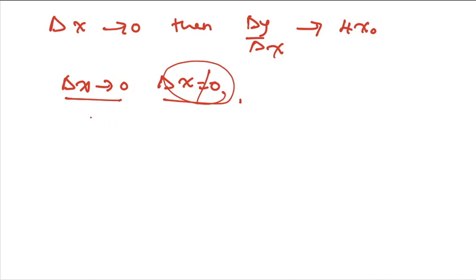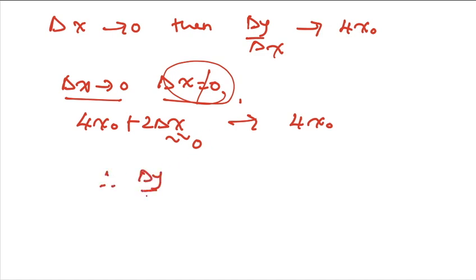Then the implication is that the whole value of 4x naught plus 2 change in x will approach the value of 4x naught, isn't it? Because this one is relatively equivalent to 0. That means change in y over change in x approaches 4x naught also, isn't it?